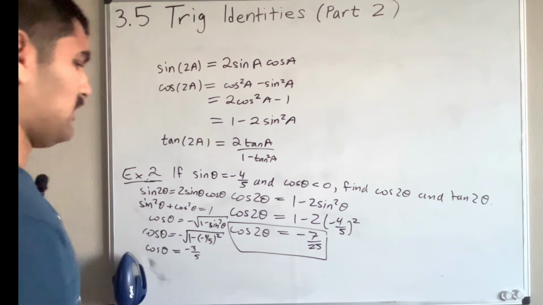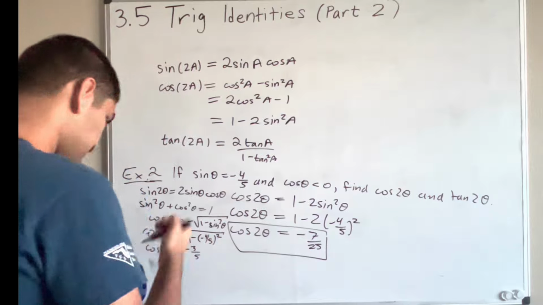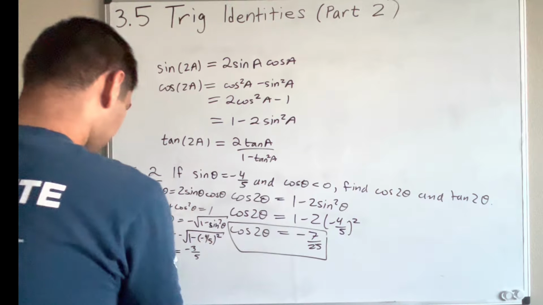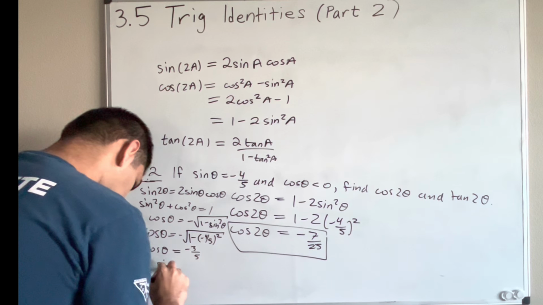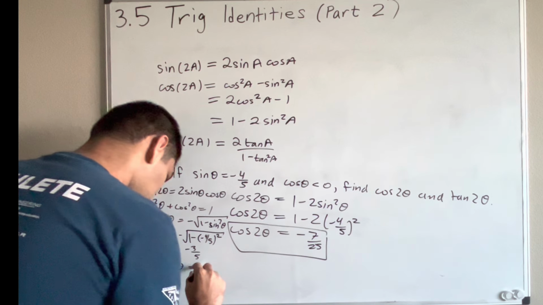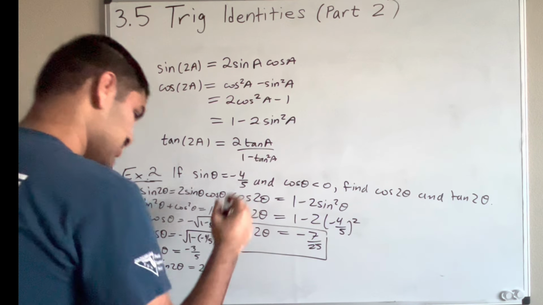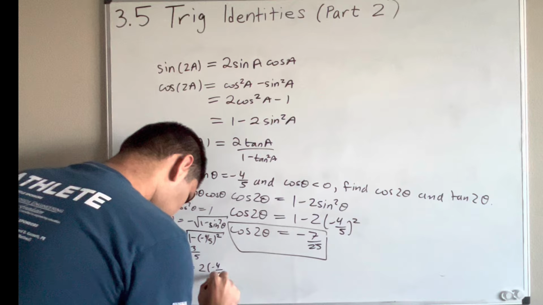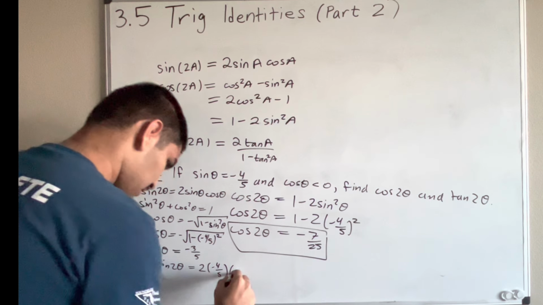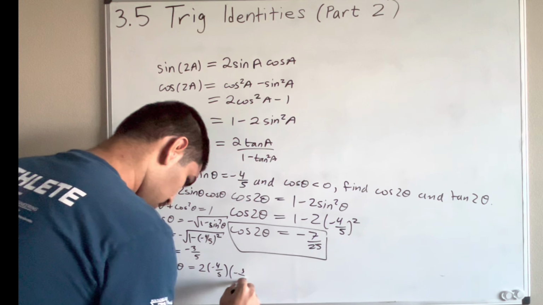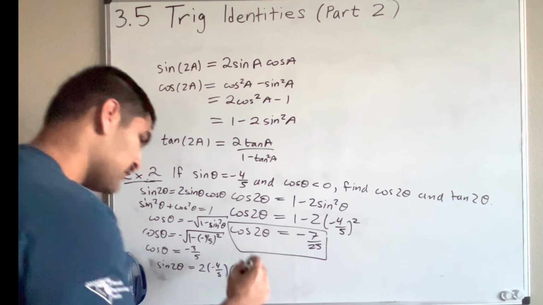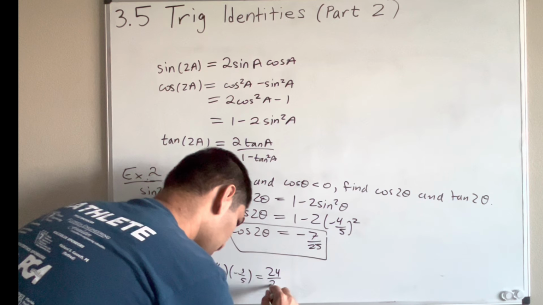Nice. And so now we can substitute this into the sine of 2 theta expression. This is equal to 2 times sine theta, which is negative 4/5, times cosine theta, which we found is negative 3/5. And this evaluates to 24/25.